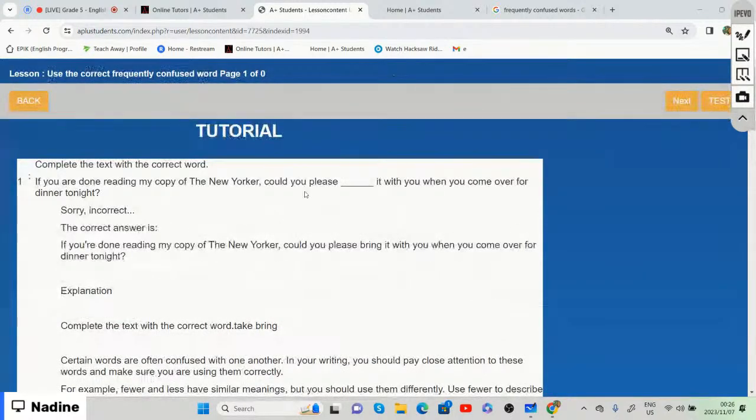We need to complete the correct word. If you are done reading my copy of the New Yorker, could you please it to you, bring it with you when you come over for dinner tonight?